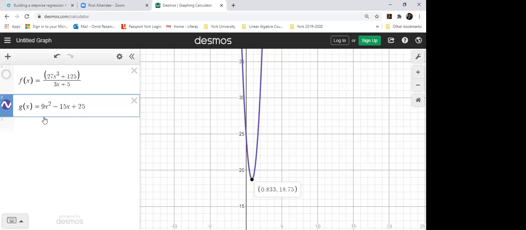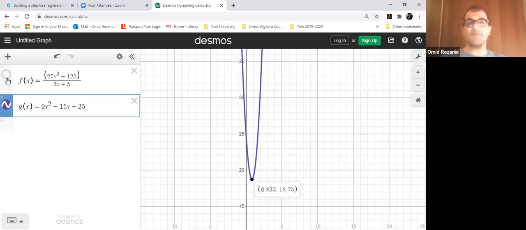And the previous function which I had, f of x, it was a rational expression, a division of a polynomial of degree 3 over a polynomial of degree 1. Look at that. When I plot both of them at the same time, you see, why do both of them look exactly the same? Look at that.